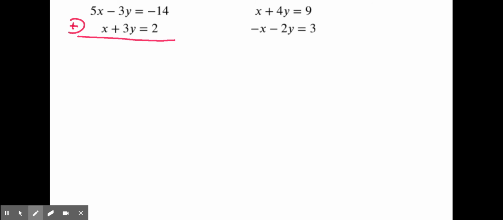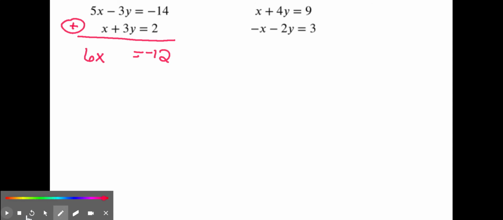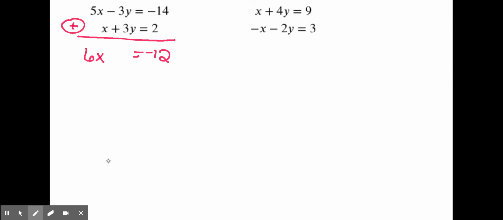So I'm going to add the two equations together. Tell me what you get when you add these two equations together. You should get 6x equals negative 12. Now solve and tell me what the value of x is.